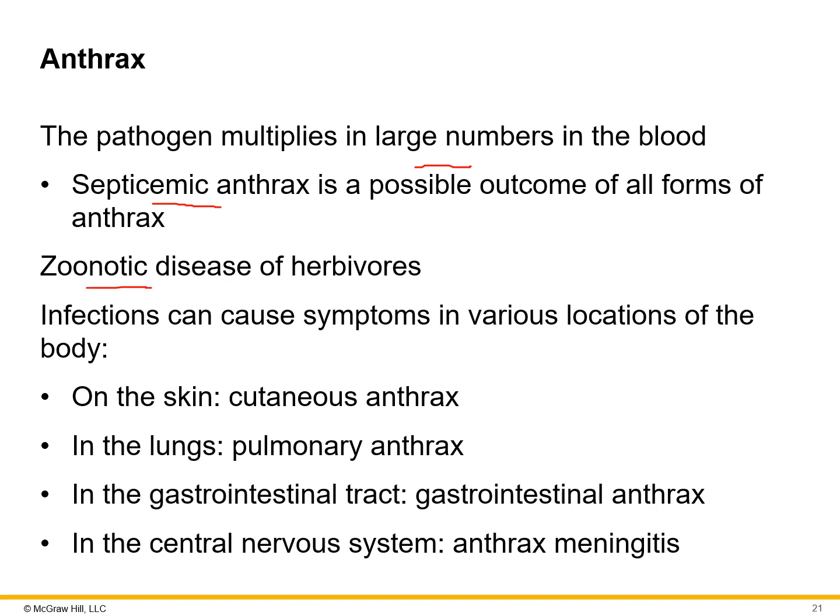It is a zoonotic disease of herbivores, and these infections have symptoms that change. Cutaneous anthrax is on the skin, pulmonary is in the lungs, gastrointestinal is of course in the gastrointestinal tract, and then in the central nervous system we have anthrax meningitis, which we mentioned earlier in those diseases.